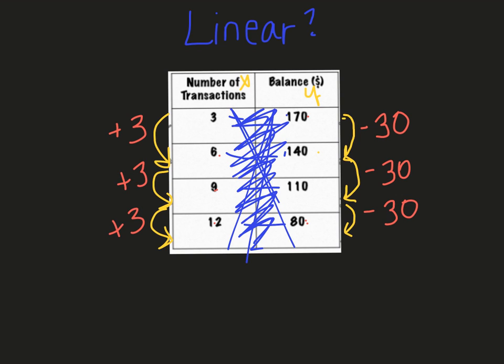Okay? Now, this doesn't look like the song one did at all. Because if I take these and I write them down, I have negative 30 over 3. That takes care of this one. I have negative 30 over 3. That takes care of this one.